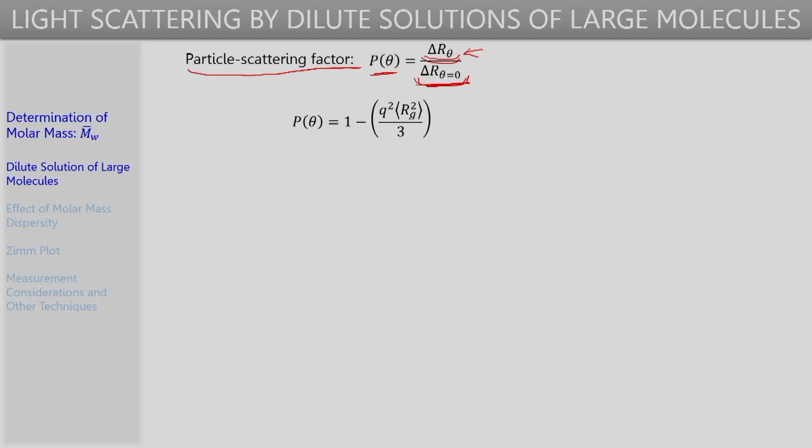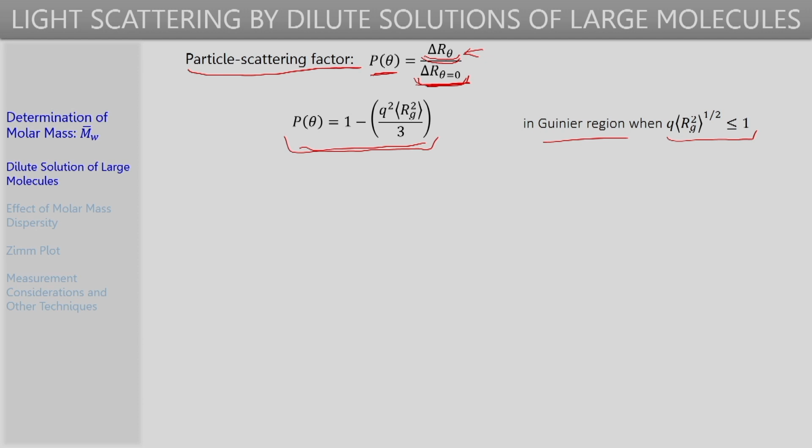The Guinier region corresponds to the condition that q times Rg squared to the power half is less than or equal to 1. In this region the expression for P theta is independent of the shape of the molecule and is given by 1 minus q squared Rg squared by 3.